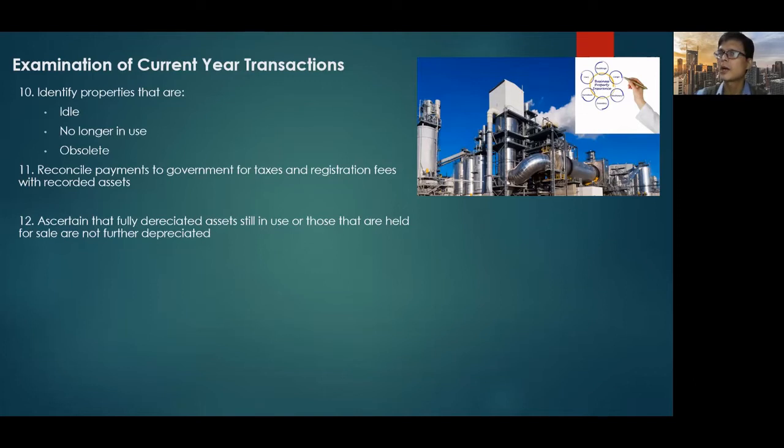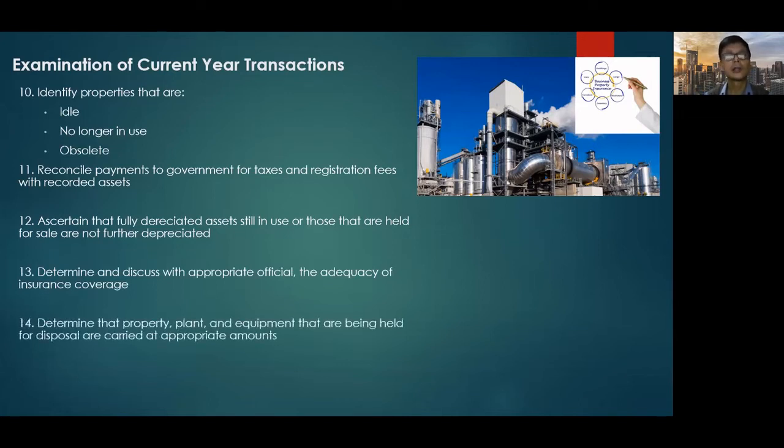Some assets have reached their useful life, fully depreciated, but they may still be functioning. Determine and discuss with appropriate officials the adequacy of insurance coverage, and determine that property, plant, and equipment that are being held for disposal are carried at appropriate amounts.